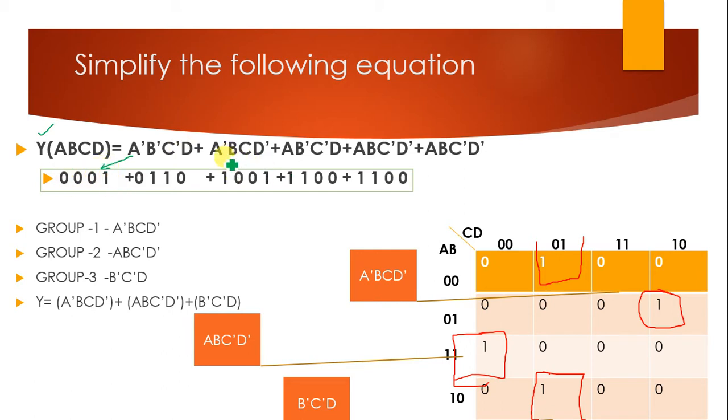Similarly, next one is A dash B C D, equivalent to 0 1 1 0, and A B dash C dash and D, which is equivalent to 1 0 0 1, and A B C dash and D dash, which is equivalent to 1 1 0 0.